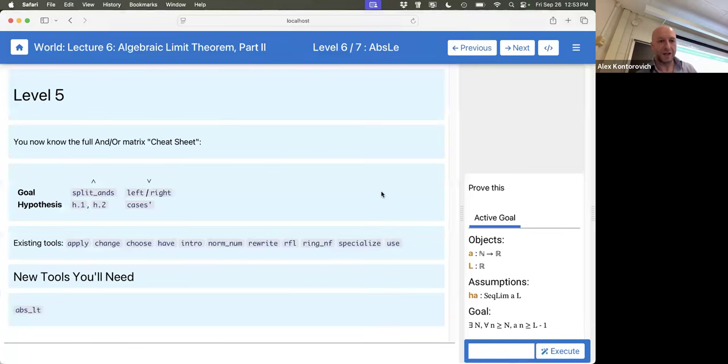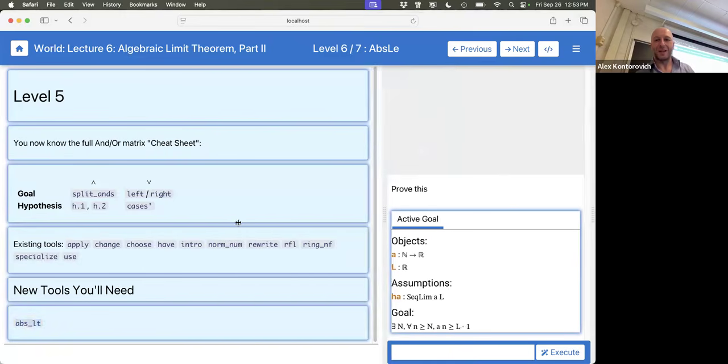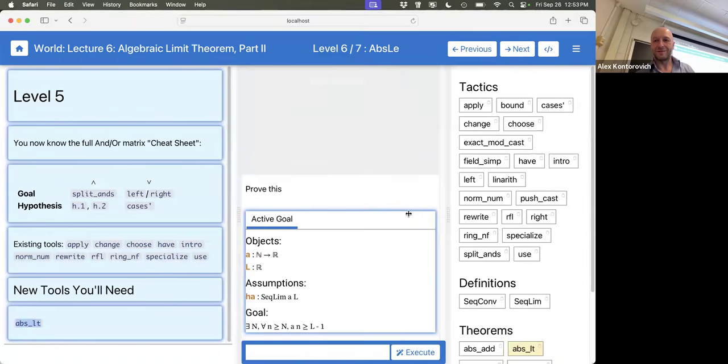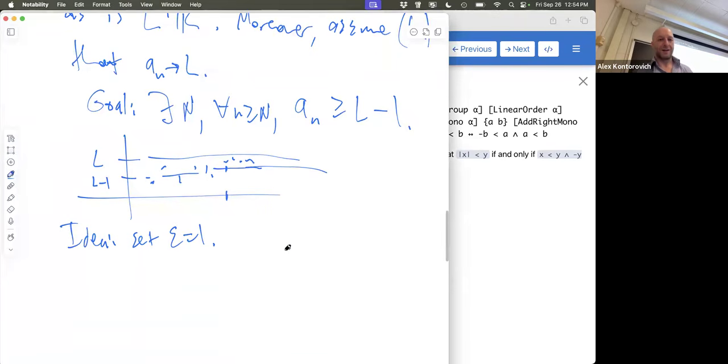Now, let me just say there's a new tool, and the new tool is AbsLT. It's a theorem that the absolute value of x is less than y if and only if two things are true: x is less than y and x is greater than negative y. So let me record that here.